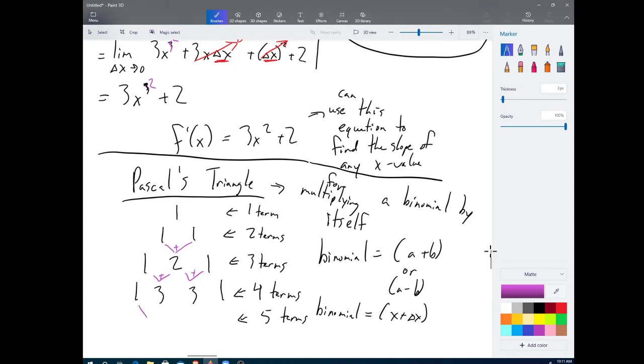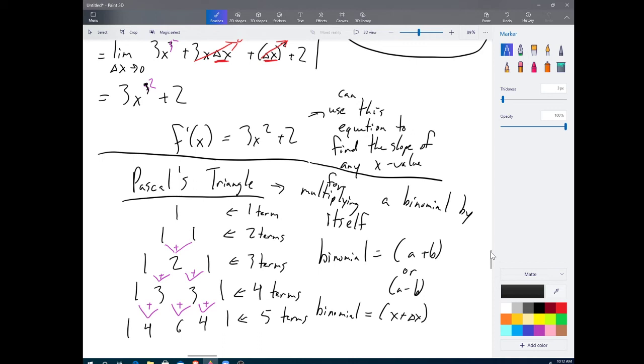Here I'm going to add together my 1 and 3 to get 4. I'm going to add together my 3 and my 3 to get 6. I'm going to add together my 3 and my 1 to get 4. And then again, I have 1s on the outside.